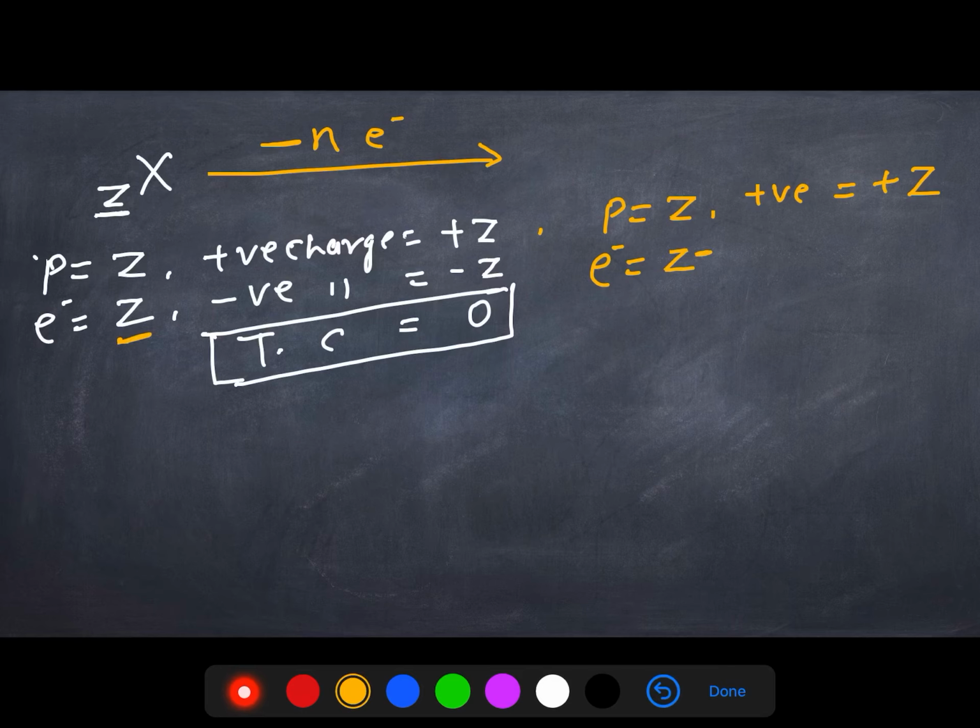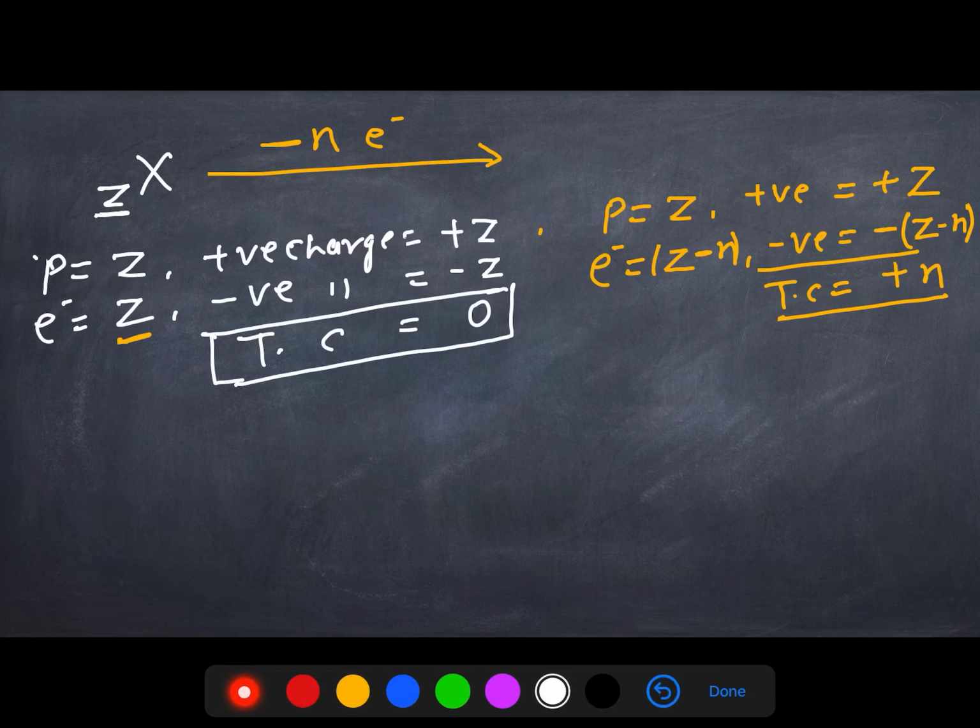But the number of electrons has reduced. It has become the initial number of electrons G minus the number of electrons lost n, right? So the negative charge will be equal to the number of electrons left, and we have G minus n electrons left. So the negative charge will be minus (G minus n), right?